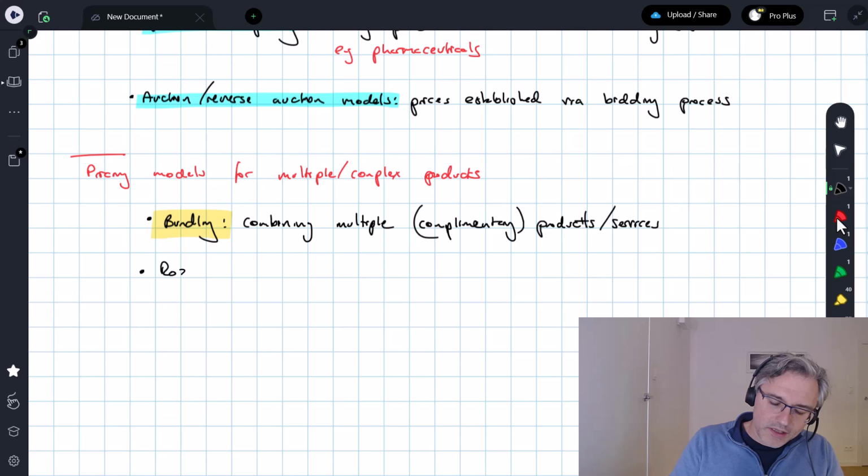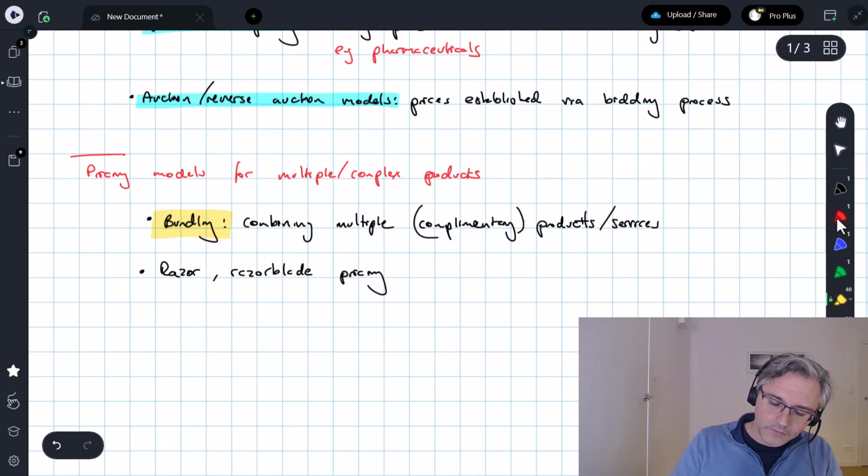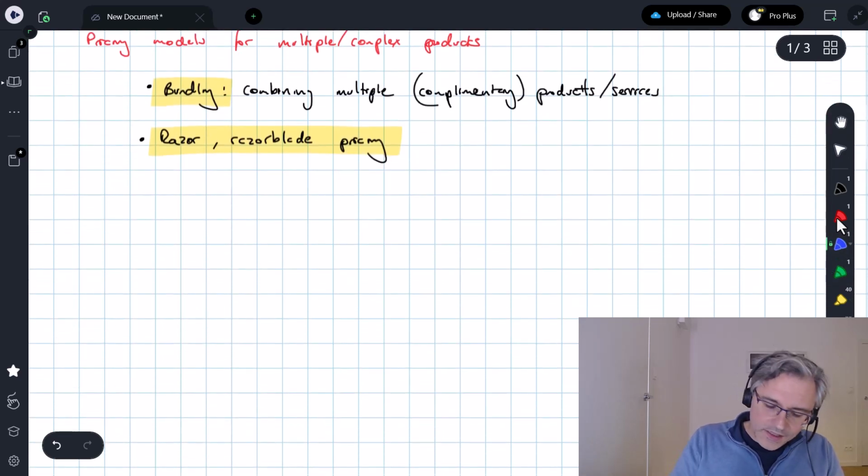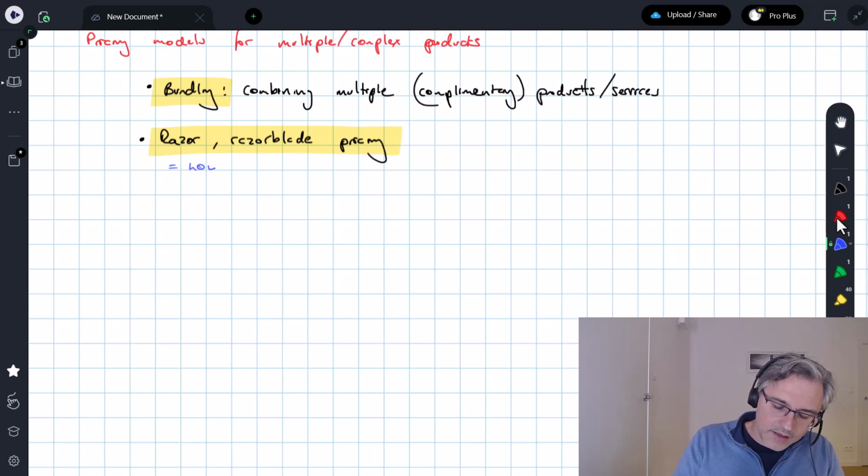The next one is the razor blade pricing strategy. And I mean, this is a very classic old strategy that's been around for a long time.